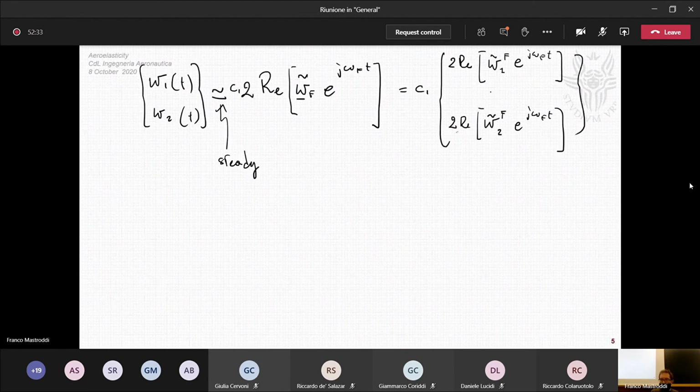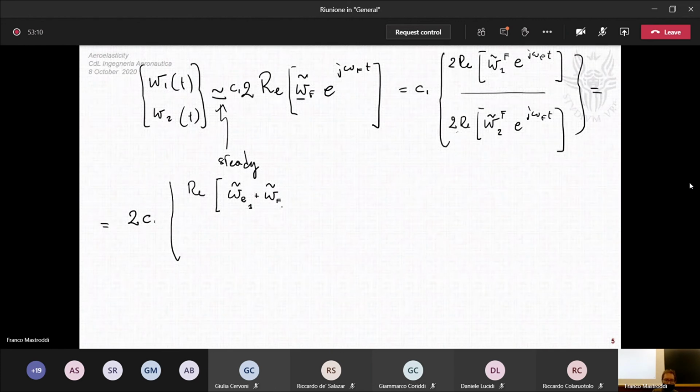And so we have 2 components equal to 2C1 real part of. Now consider that the flutter vector, first component, is composed of a real part plus an imaginary part.